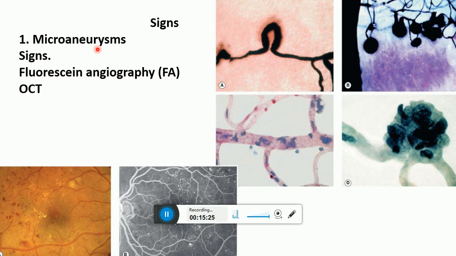That may form either by focal dilatation of the capillary wall, where pericytes are absent, or by fusion of the two arms of a capillary loop. Most develop in the inner capillary plexus at the ganglion cell layer, frequently adjacent to areas of capillary non-perfusion.